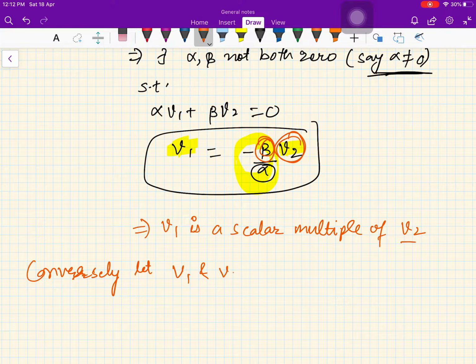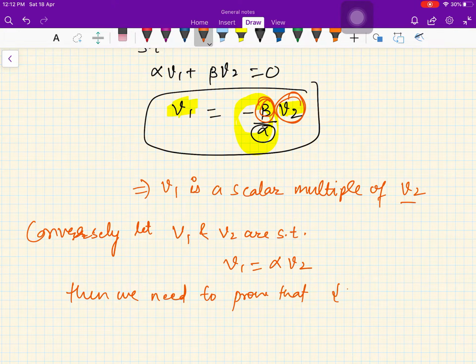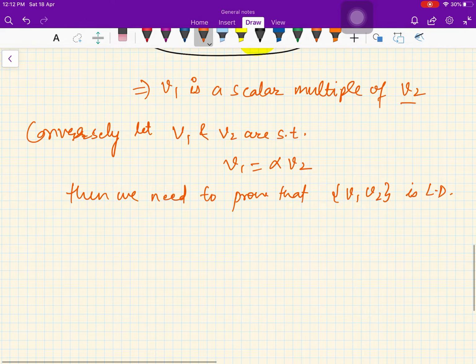Conversely, let v1 and v2 be such that one of them is a scalar multiple of the other. Then we need to prove that the set {v1, v2} is linearly dependent. Now you have v1 equal to alpha into v2.